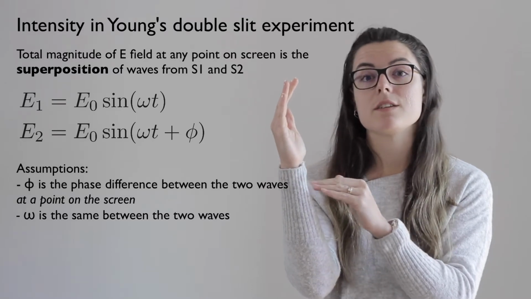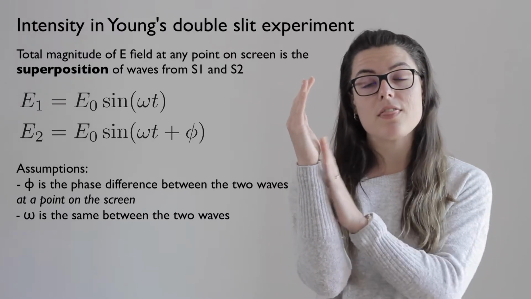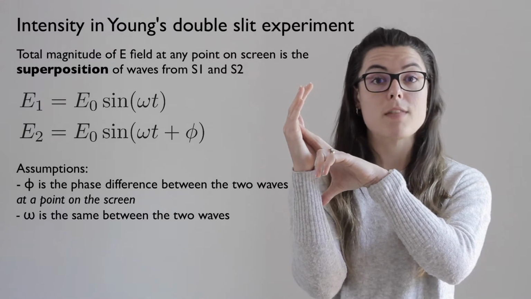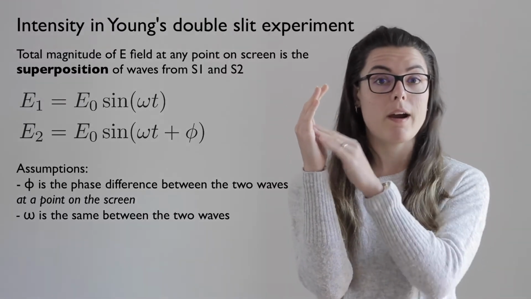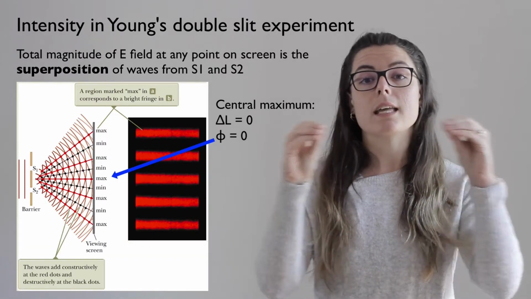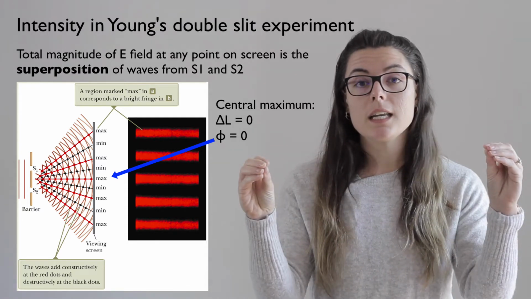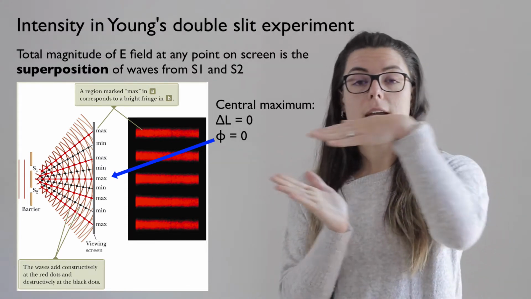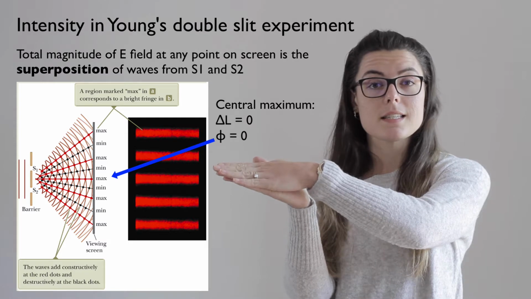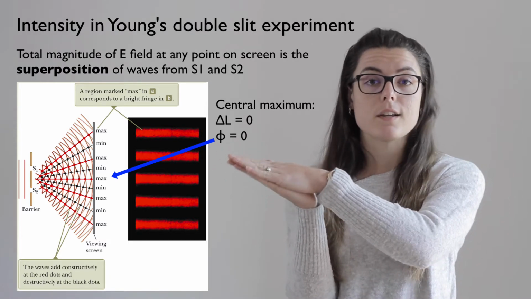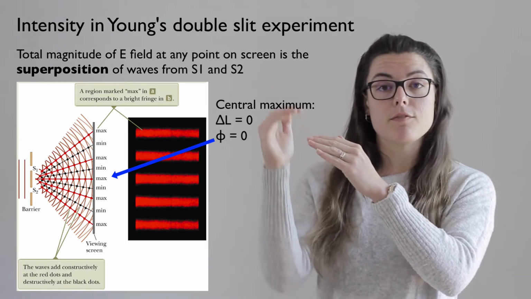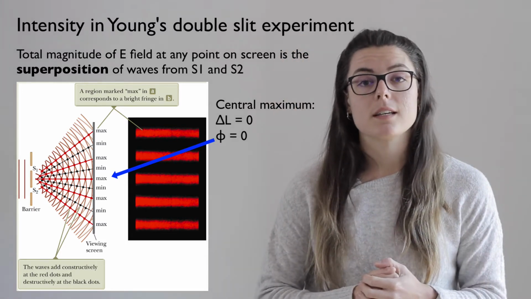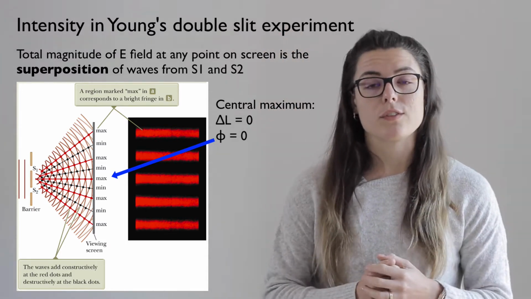But if we move to a different point in the screen, then the phase difference is different from that initial position, wherever we were. So for example, take the middle point in the screen where the rays of light have traveled the same distance, the phase difference, or phi, is going to be 0. And that's going to be different if we go to different vertical points on the screen.